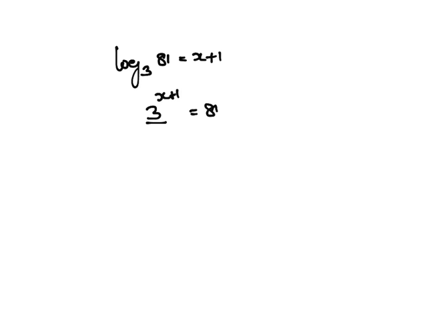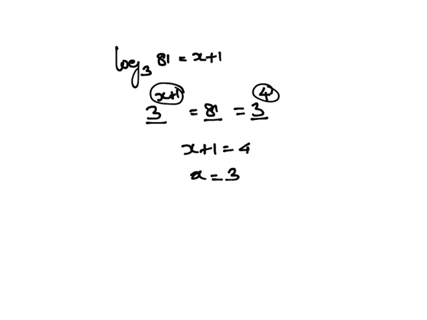Let me check whether, since the base is 3, I can write 81 as the power of 3. I can write it as 3 power 4. So since the bases are same, the powers are also same. So x plus 1 equal to 4, which means x equal to 3. Okay, simple. One more problem.